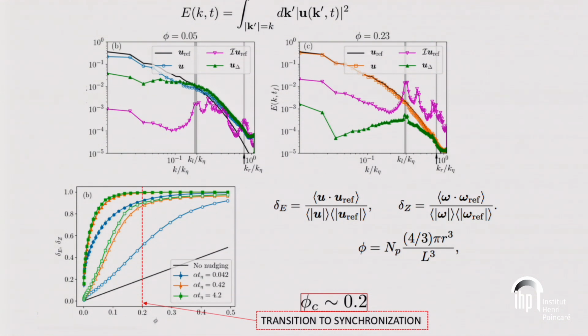And just to give you an example, this is the spectrum of my flow, and let me just discuss, for instance, this figure. Here I show you the spectrum of my nudging field. So this was an Eulerian nudging. We put anemometers in my flow, and I look at how energetic the information is.